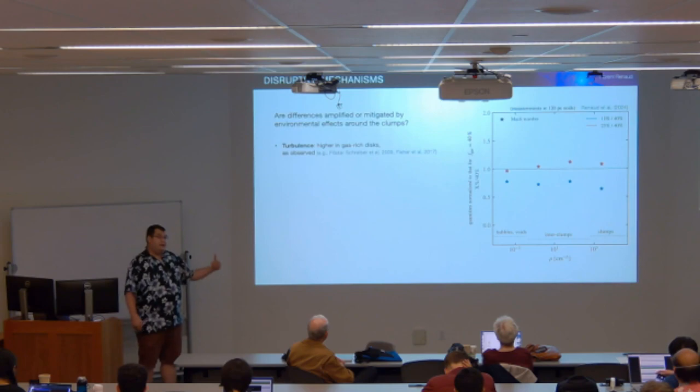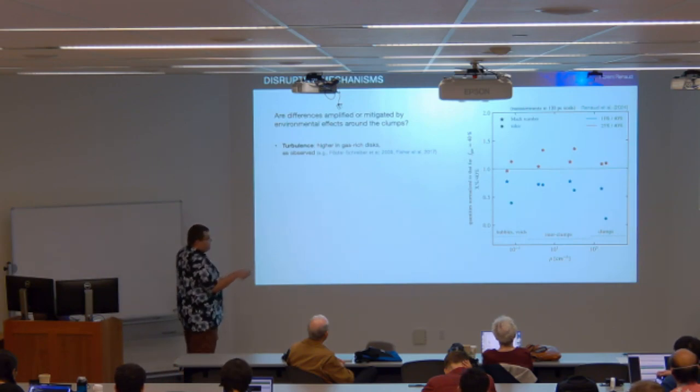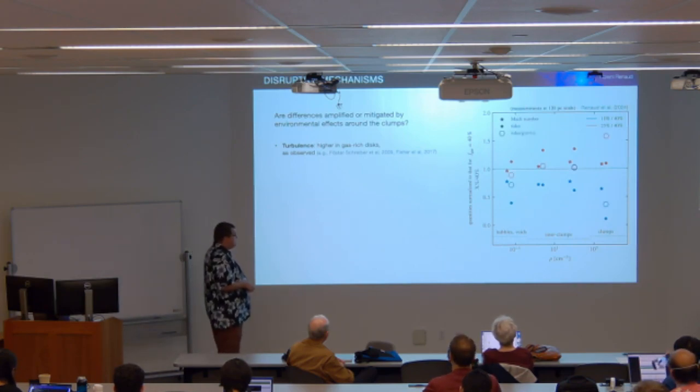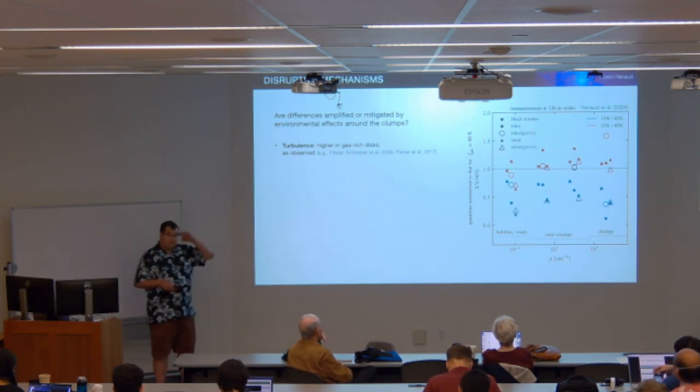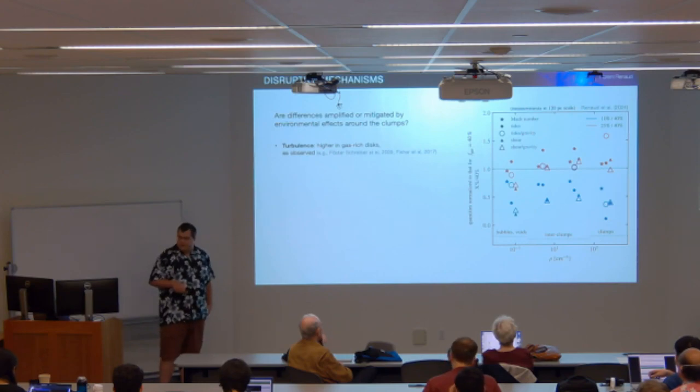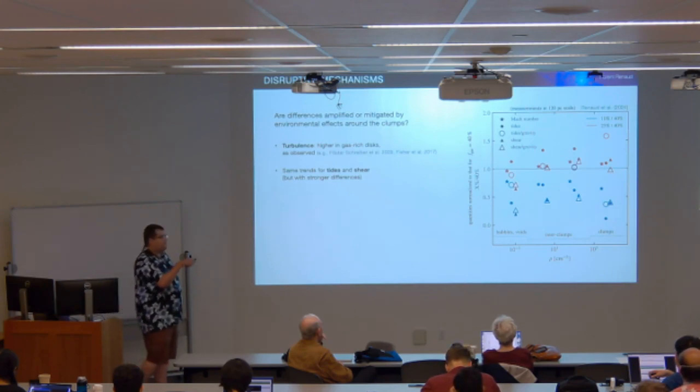So then we went ahead and looked for other disruptive mechanisms that you can think of in galactic disks. We looked at the tides, and to have a fair comparison, we also normalized by cell gravity, so that's the open symbol. We looked at the shear, and again, a version normalized with cell gravity. So this plot is becoming quite complicated, but if you summarize it, you find that we have similar trends for the tides and the shear, but maybe with stronger differences than for the turbulence.